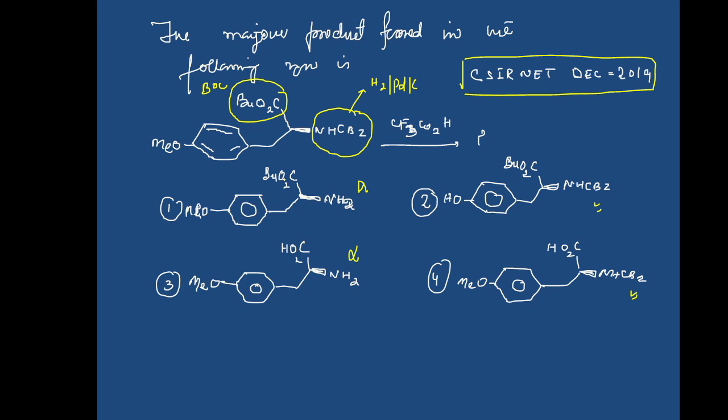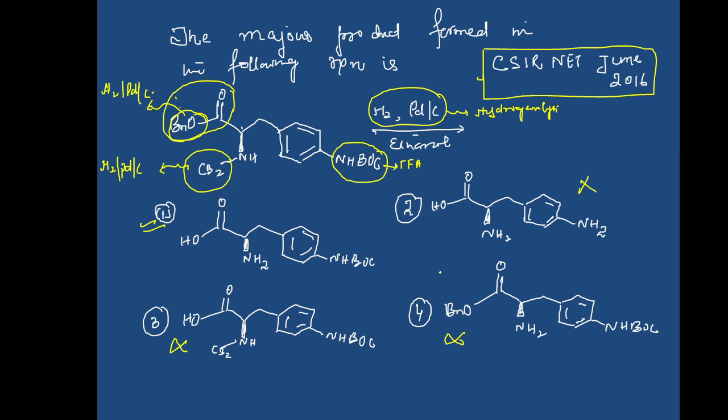Over here BOC is not deprotected, therefore this cannot be the answer. Over here BOC is present, so this cannot be the answer. So the correct answer is where BOC deprotection is brought about, only in this case. So the correct option is option number 4.